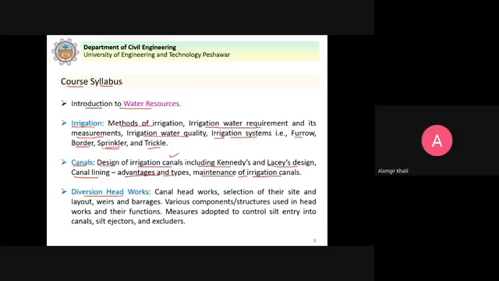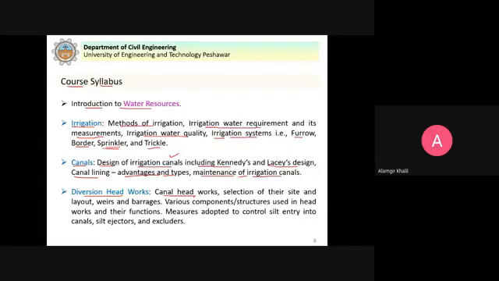Next, we will study diversion headworks. So how we divert the water from dams or rivers. We will study about the canal headworks. There can be different types: storage headworks, diversion headworks.